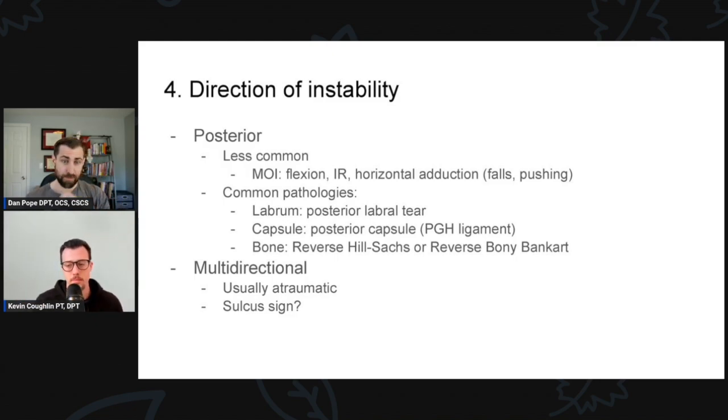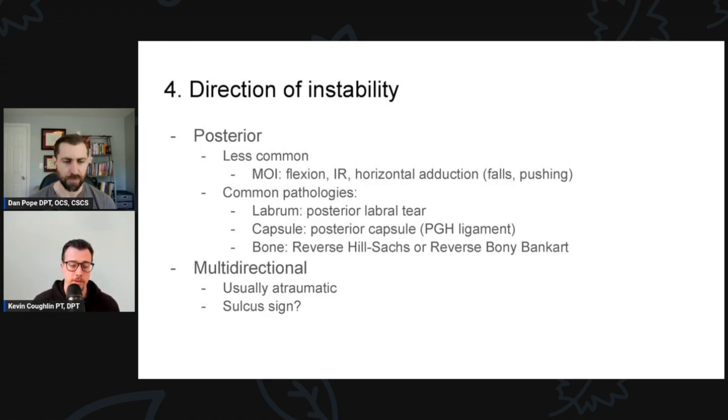And then we just want to maybe confirm that with some special tests. They won't like cross body type stuff. They won't want you to push down on their humerus, kind of in that posterior direction. They might feel unstable there. And with that, we'll see some common pathologies like a posterior labral tear, posterior capsule tear, reverse Hill-Sachs, or perhaps a reverse bony Bankart. So just making sure we're getting that looked at.